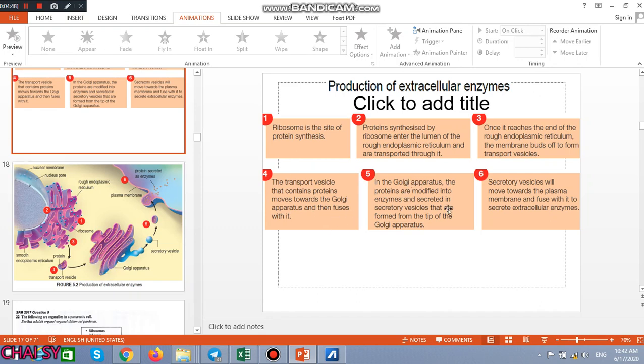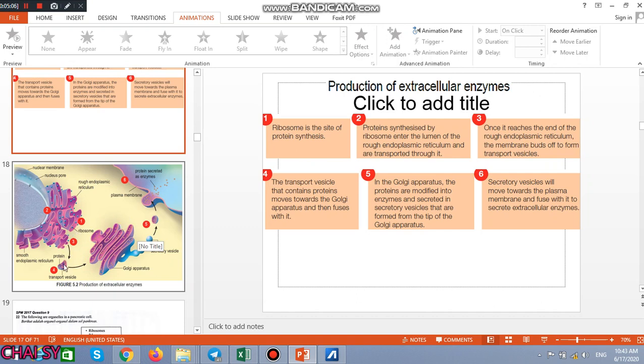Why? Because Golgi apparatus is a factory. This factory will modify the protein into enzyme.